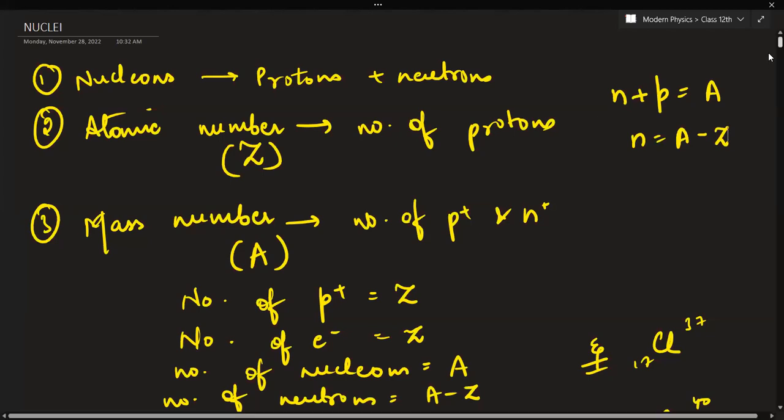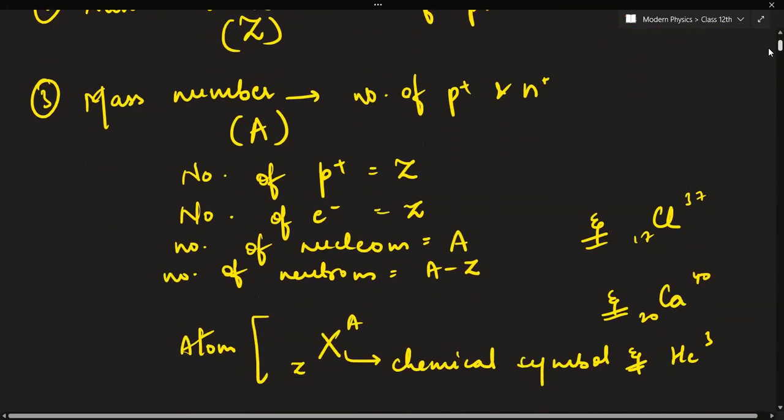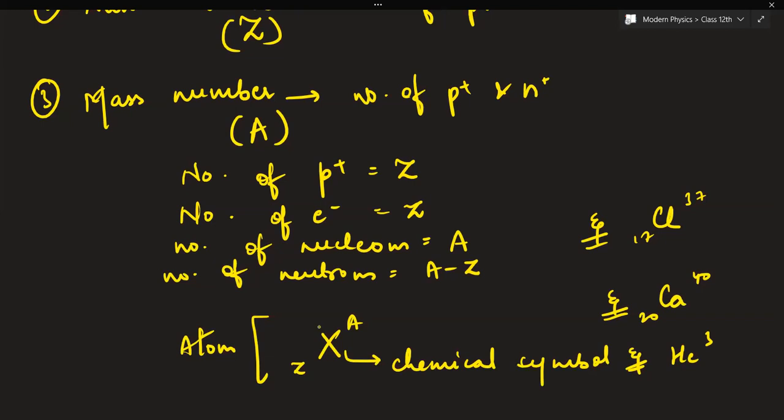Now, how do we represent an atom? This you have studied and use in chemistry. You write the chemical symbol, like for chlorine you write Cl, for calcium you write Ca, for helium you write He. Then you write the mass number on the top of it, and in the subscript you write the atomic number.